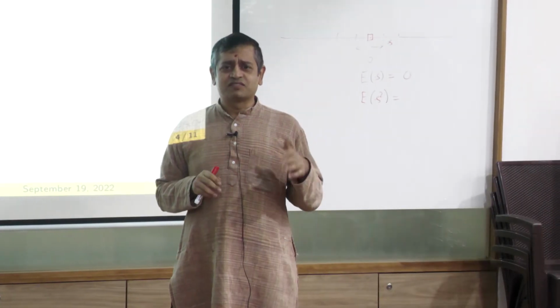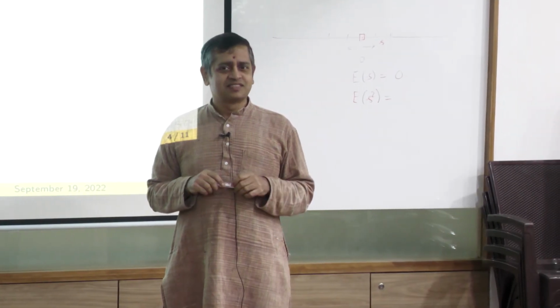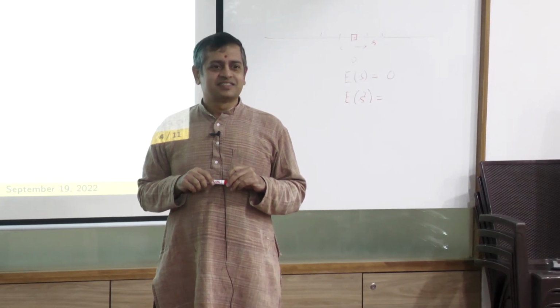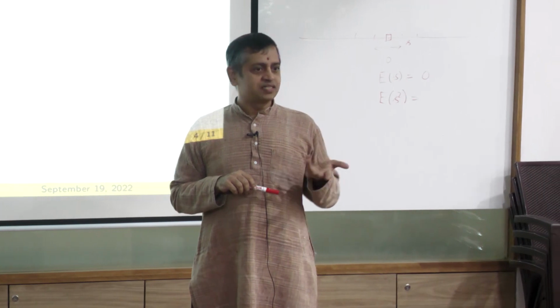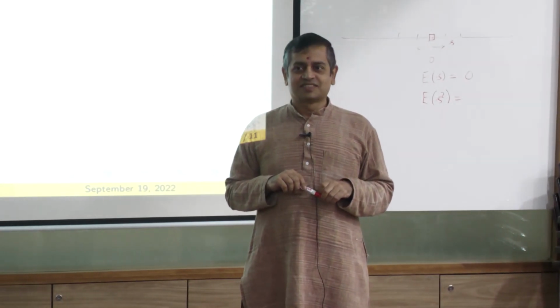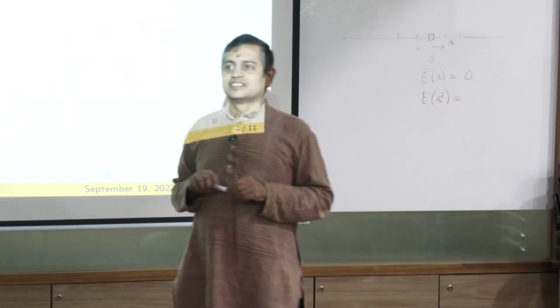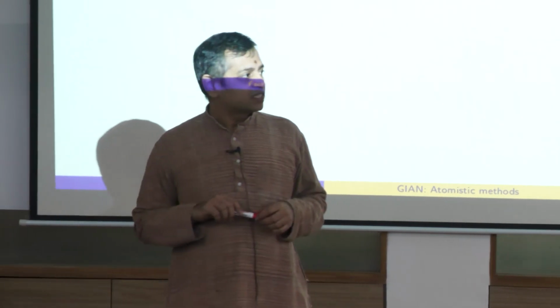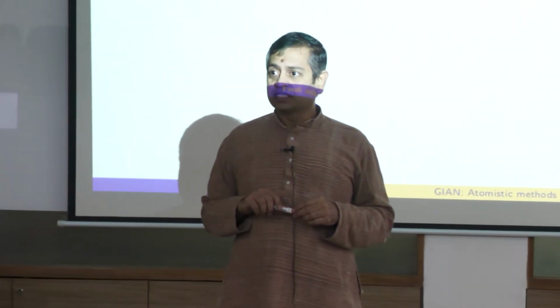What is the expectation of S squared called? That is, we calculate S squared and we calculate its expectation. Variance, right? It is called variance. You can calculate the variance.